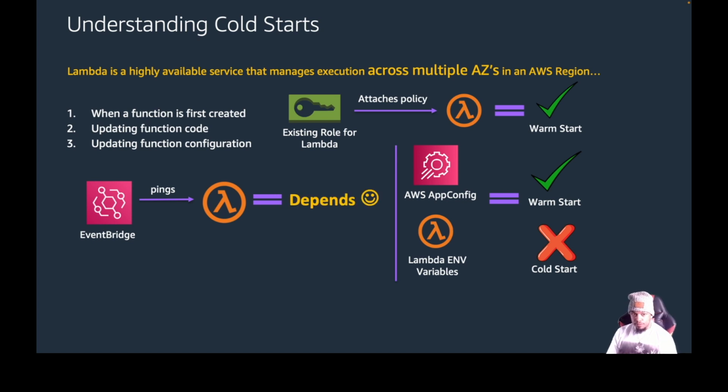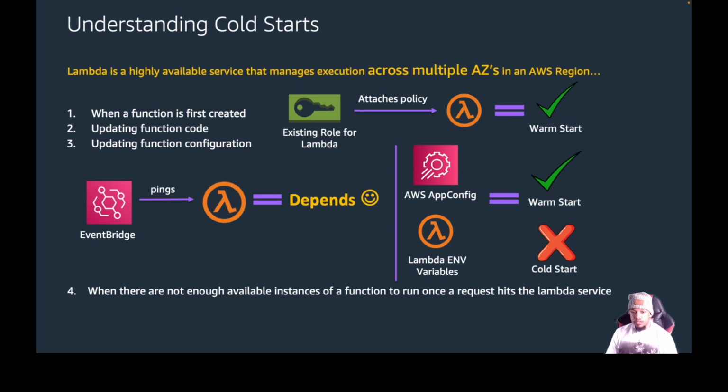However, it depends. It is not always certain that if you ping or use these libraries that your function will never experience a cold start. So one reason could be there may not be enough instances of the function once a request hits the Lambda service. Also, when traffic is being load balanced internally due to aggregate customer traffic.